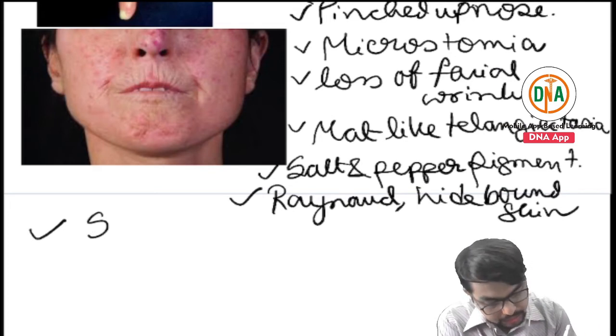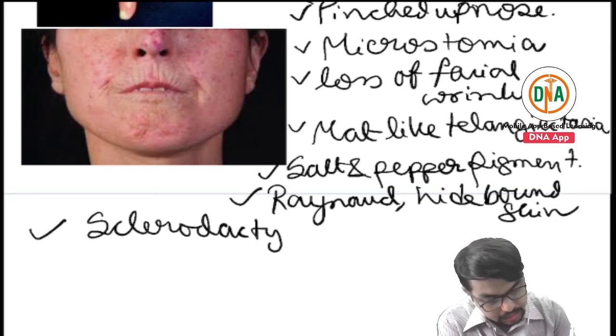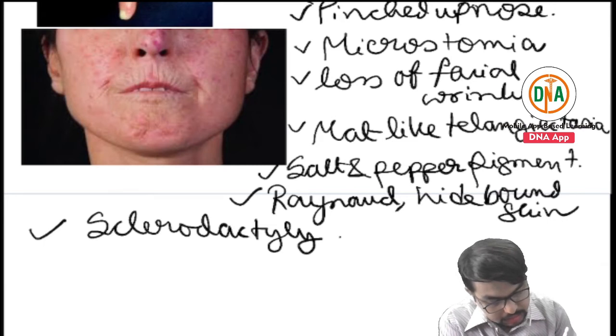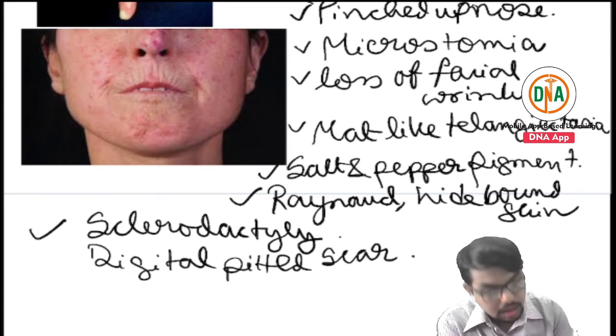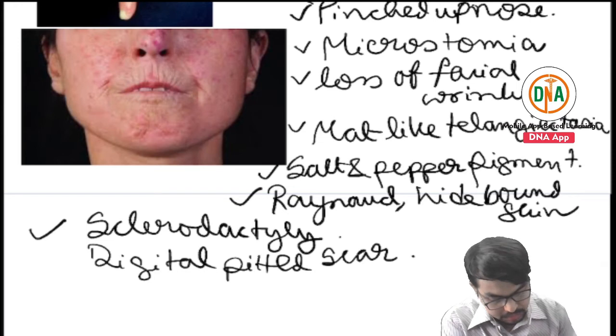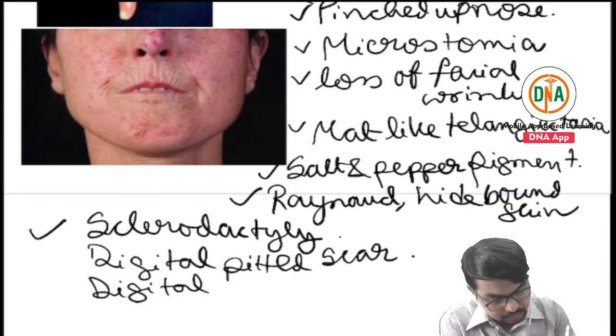One is sclerodactyly. Second is digital pitted scar. We also get digital ulcer, osteolysis.